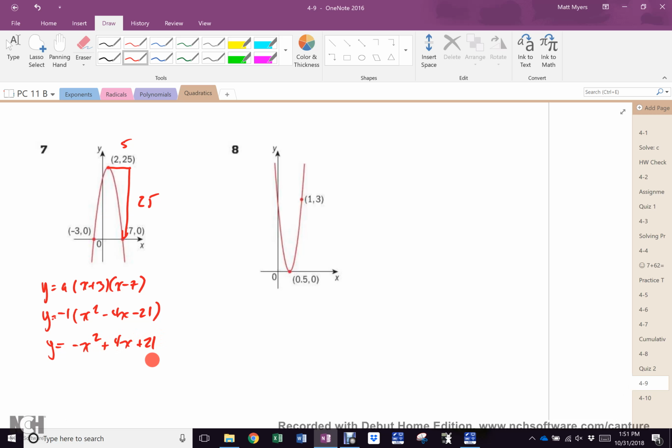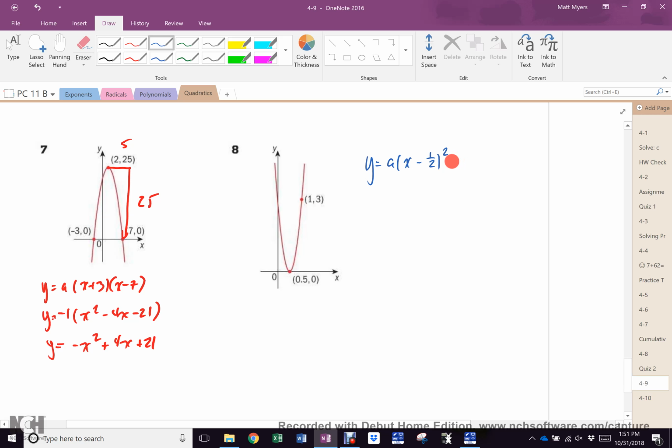8. What one should you use? Vertex form for 8. X, oops, sorry, not X, you dummy head. Y equals A, X, what? Minus 1/2 squared. And Q is what?